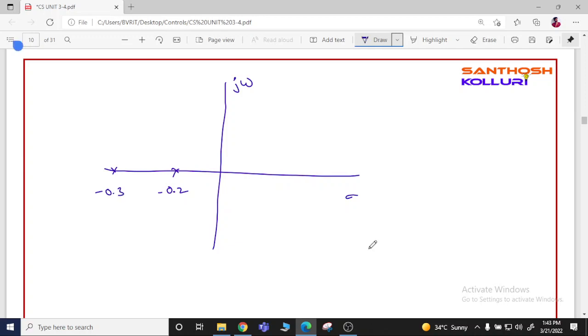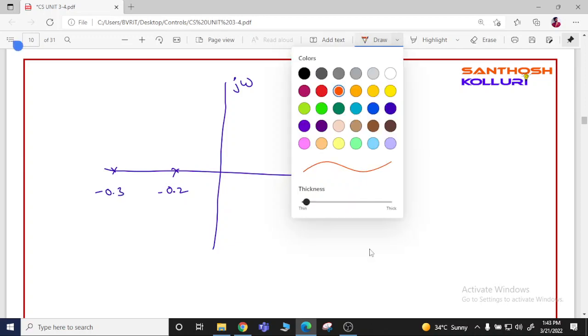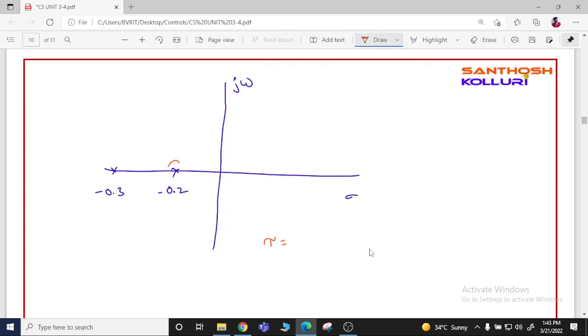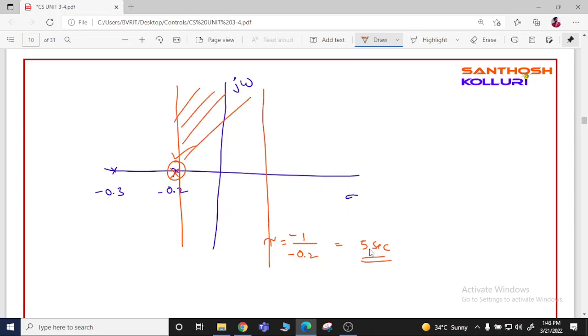So the time constant can be calculated as the negative inverse of the dominant pole, which will be 5 seconds. That's how you can calculate the time constant. The region very near to the origin is called the dominant pole region.